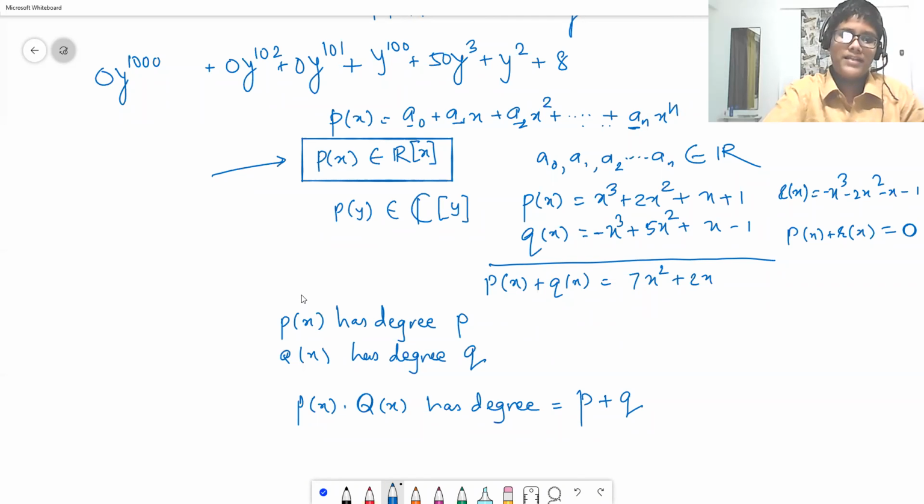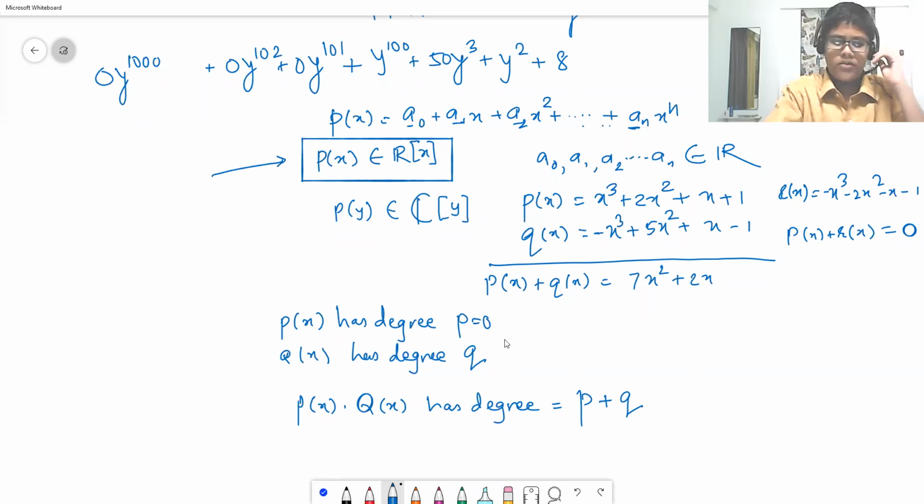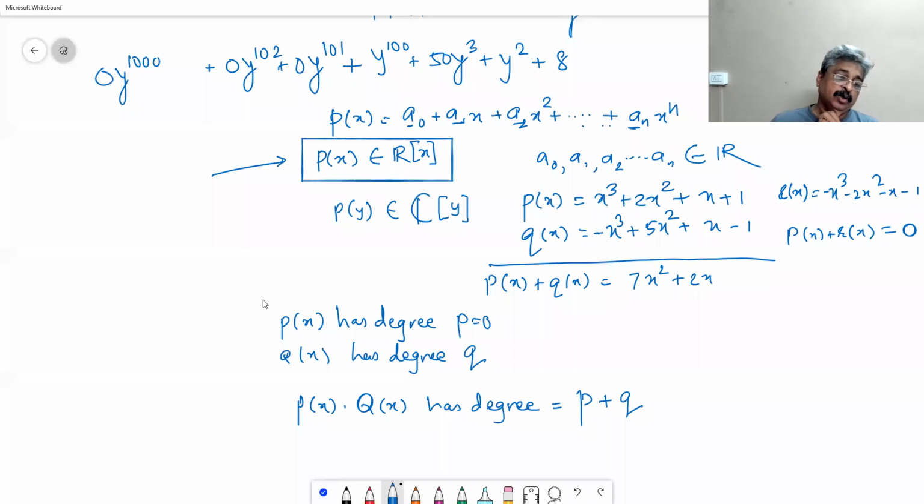So the power might vary. Sir, I was talking about the polynomial. If P of x is equal to 0, meaning the polynomial is basically the number 0, and if we multiply both of them, we will get the product as 0. So 0 may have varying power. Oh, you are right.